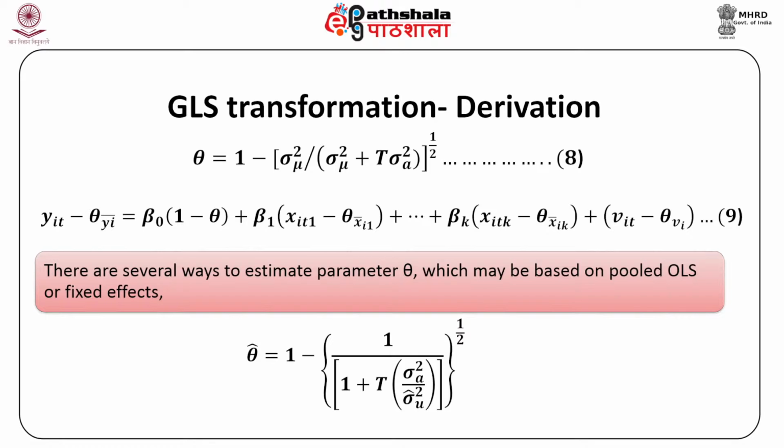It is hardly obvious that the errors in 9 are serially uncorrelated, but they are. The transformation allows for explanatory variables that are constant over time, and this is one advantage of random effects over either fixed effects or first differencing.